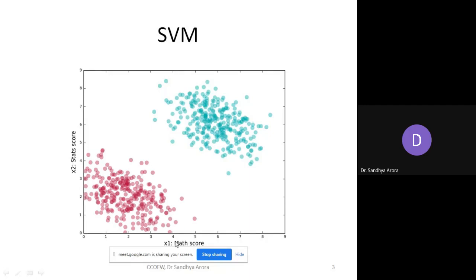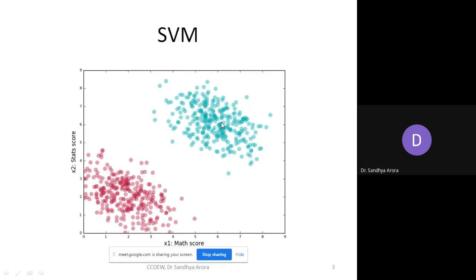So we have plotted the math score and stat score of these many students. Some of the students are here, with a lower math score and a lower stat score. There is a group of students with higher maths scores and higher stats scores, and they are here.